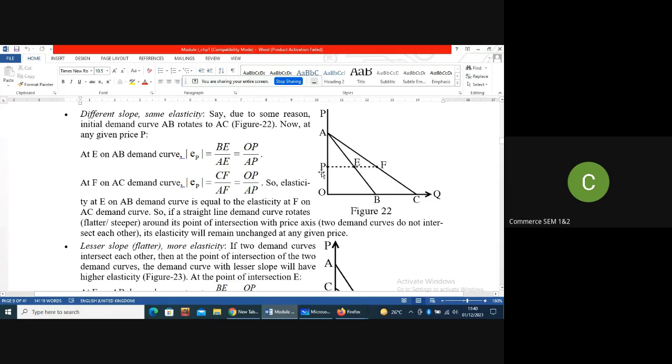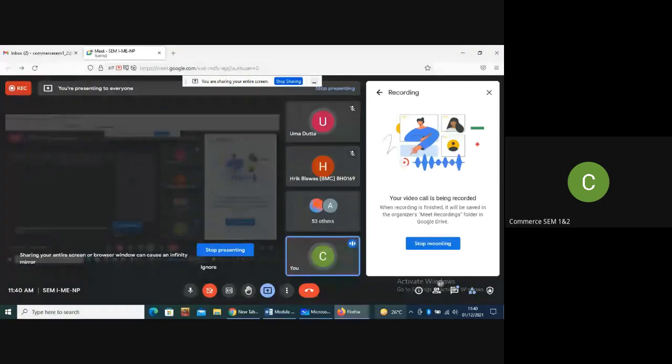Okay? Then at any given price P, what will be the elasticity of the AB demand curve and what will be the elasticity of the AC demand curve at point F? Is the problem clear? Yes sir, clear. Now tell me what is the difference, you can do it yourself. Draw it on your paper.